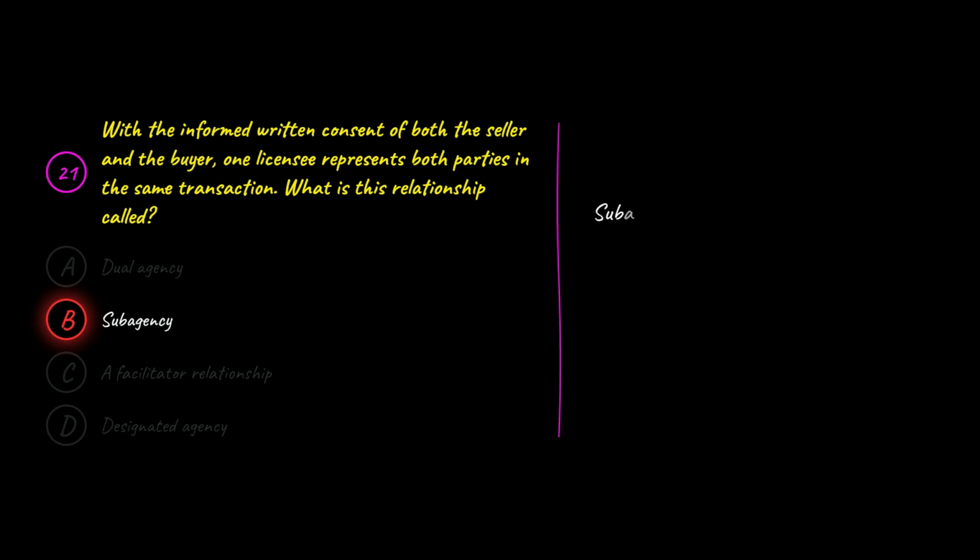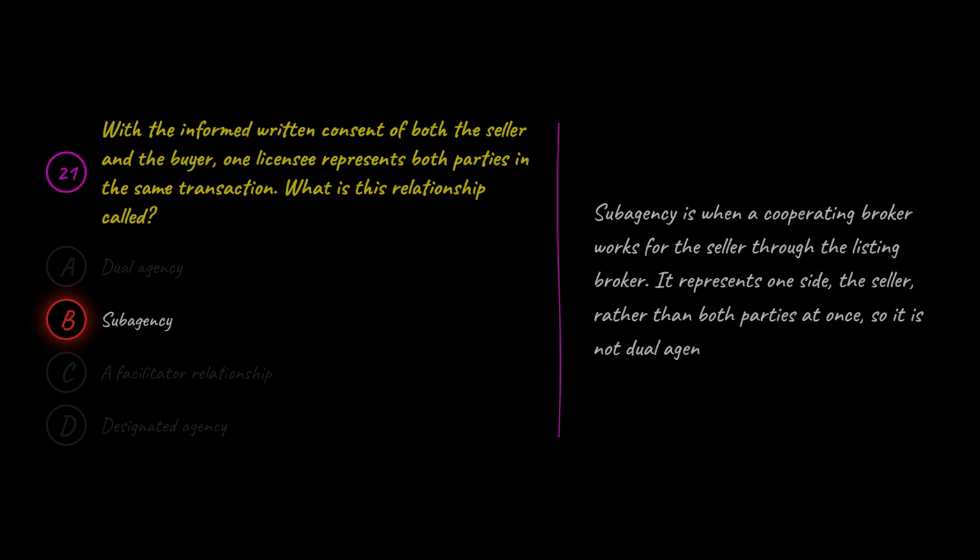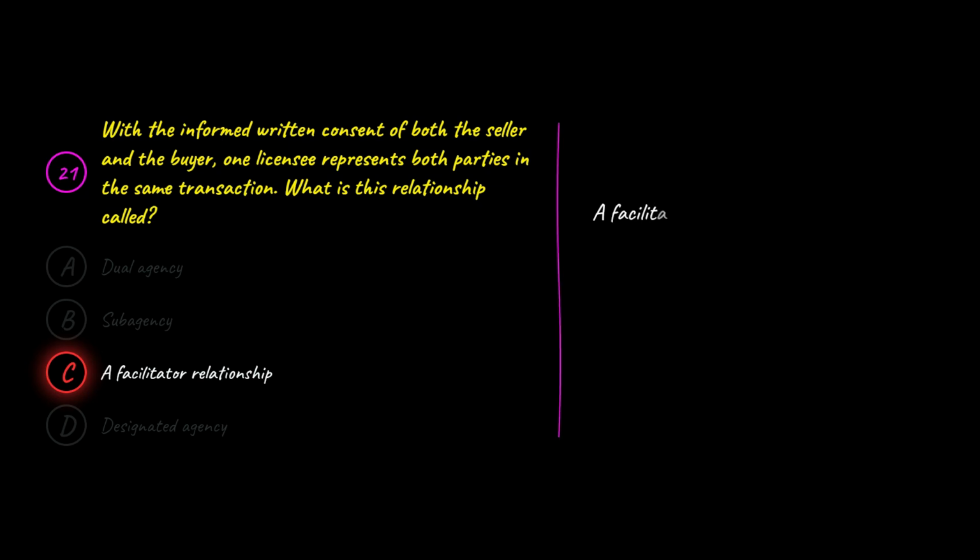B is wrong because subagency is when a cooperating broker works for the seller through the listing broker. It represents one side, the seller, rather than both parties at once, so it is not dual agency. C is wrong because a facilitator represents neither party and owes no agency loyalty to either.